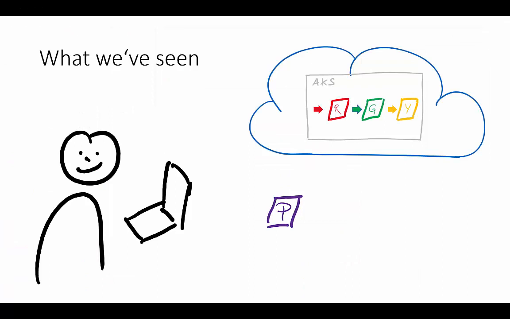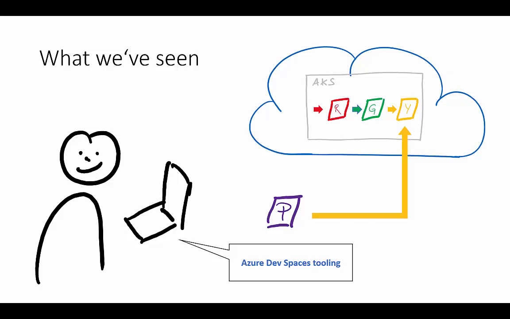We've seen that Azure Dev Spaces tooling installed on your developer machine modifies the routing in a way that it feels like your locally running application is integrated into the networking of the AKS cluster. It helps you call dependent services that are actually running in your AKS cluster in the cloud.